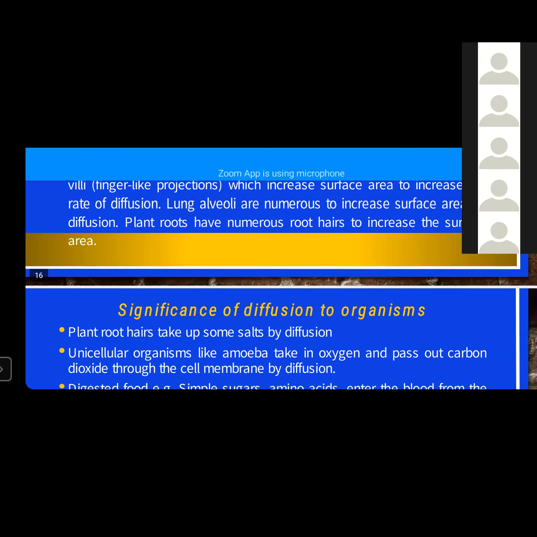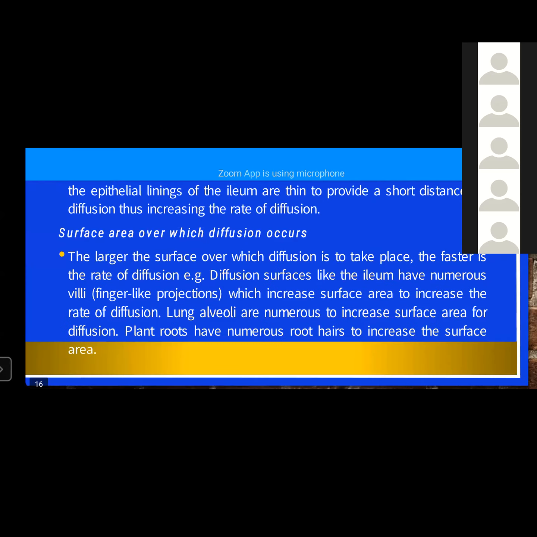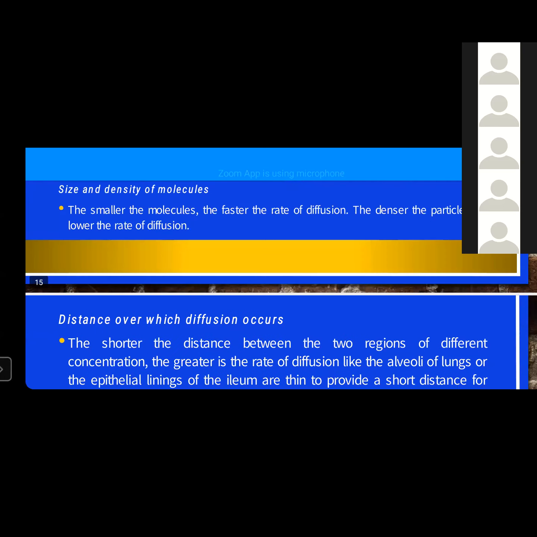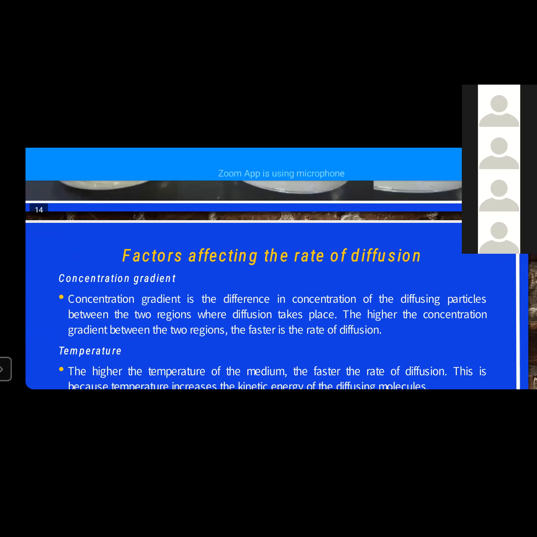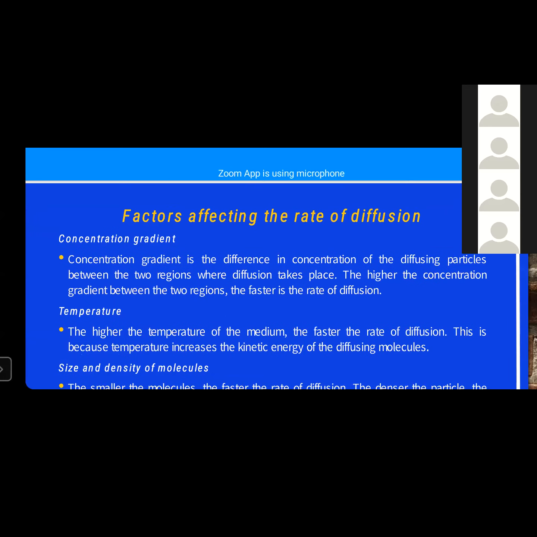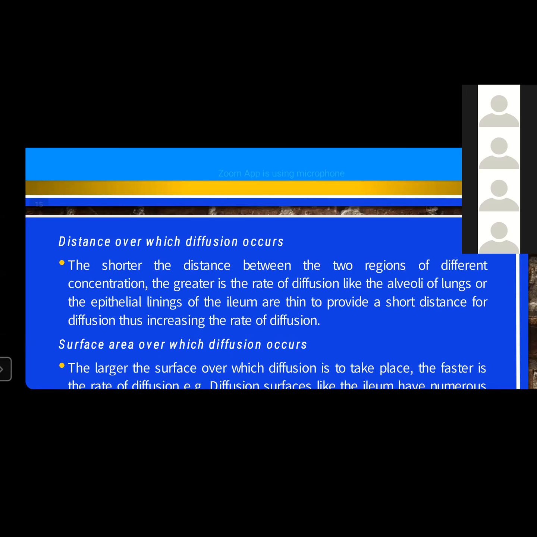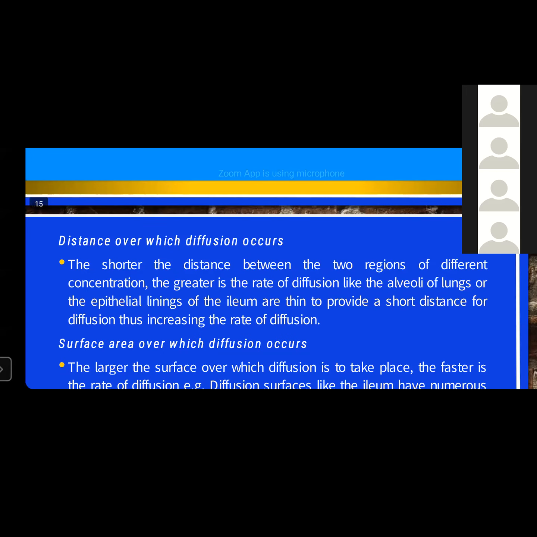Those are the factors. You need to know these factors. When they tell you to state, you state them. If they tell you to outline, then you simply say concentration gradient, the temperature. Once they say state how, then you state. Once they say explain, then you should also be able to explain those factors that affect the rate of diffusion.